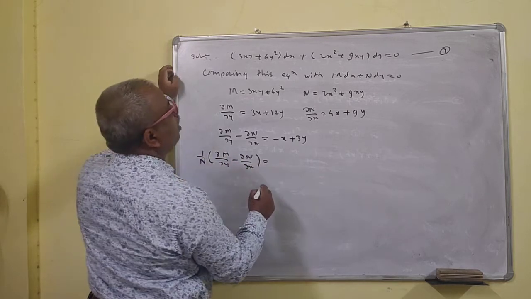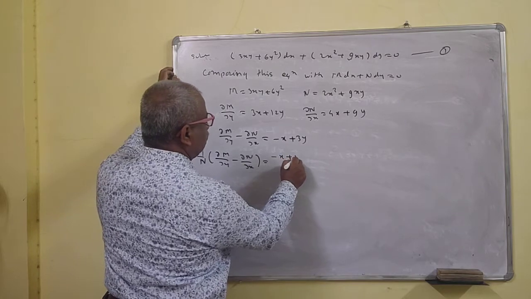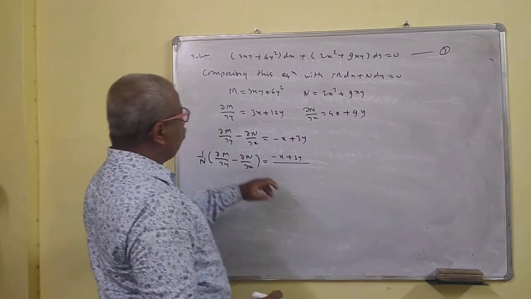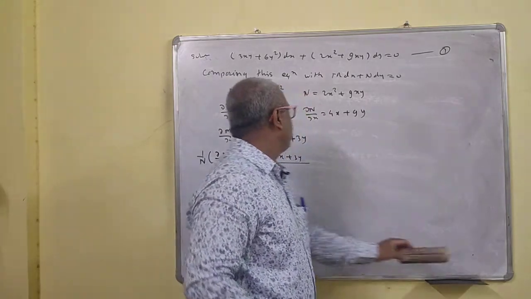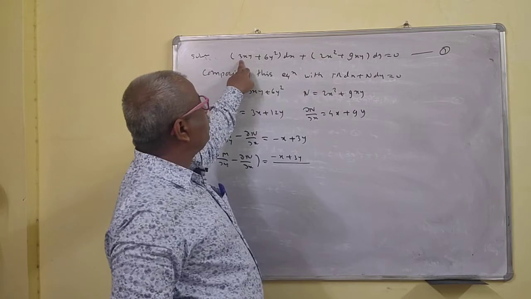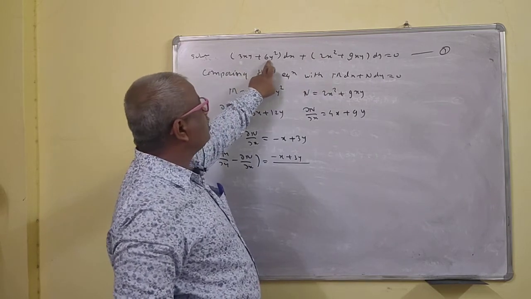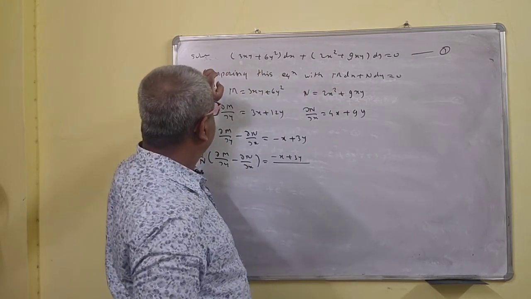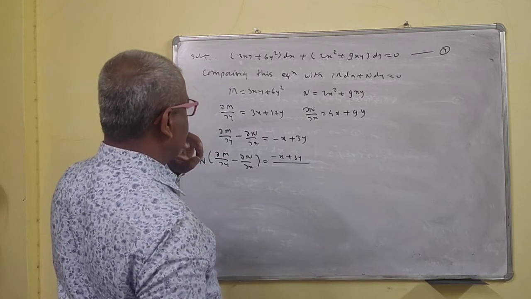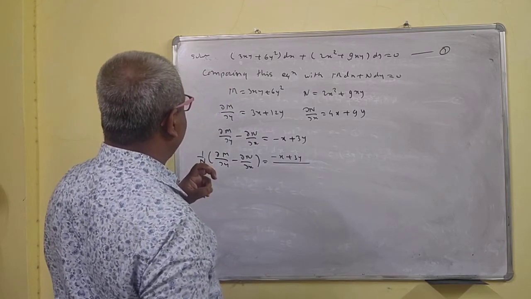So your 1/n is what? Minus x plus 3y upon, so now here what? There is no chance for getting 3y here, because 2 is here. Here, if you can take 3 common, so here there is a chance for x plus 3y.